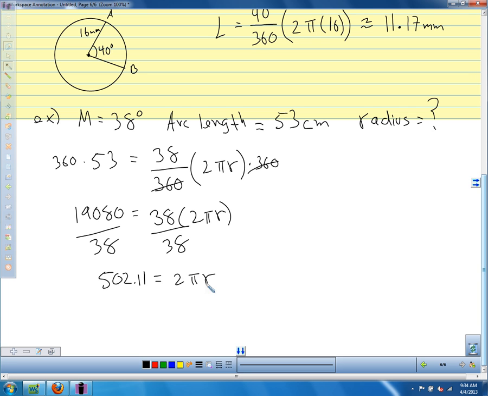Two and pi are both multiplying the radius, so I'm just going to divide both sides by 2 pi. Those cancel, and I finally get r equals, when I divide 502.11 by 2 times, and I'm just going to use 3.14, I get 79.95.